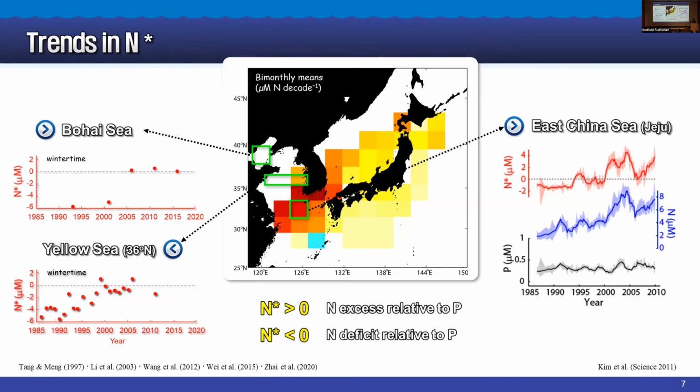So here is the figure in the center. Yellow and red colors indicate an increase in nitrate concentration relative to phosphorus.